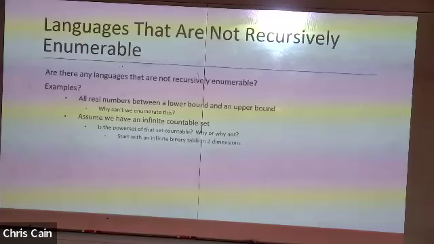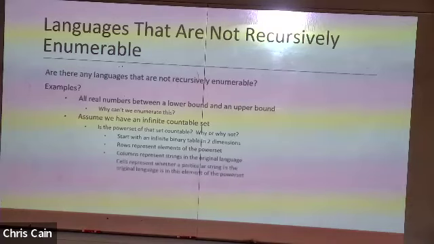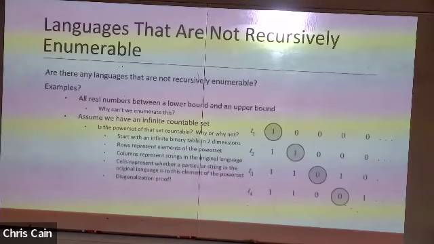So basically, you're going to start with an infinite binary table in 2 dimensions. Rows represent elements of the power set. Columns are strings in the original language. Cells represent whether a particular string in the original language is in this element of the power set. So it looks something like this.